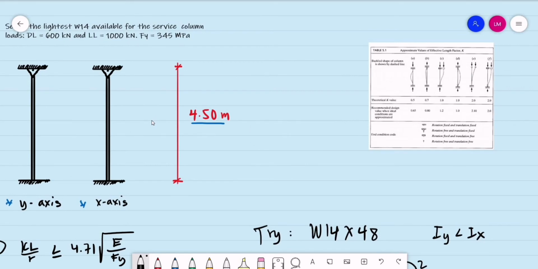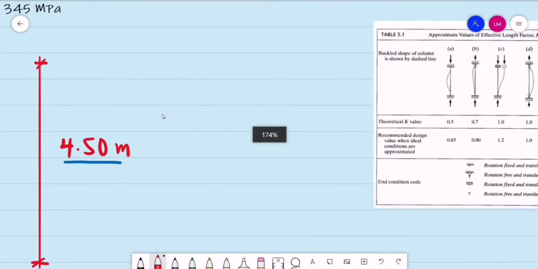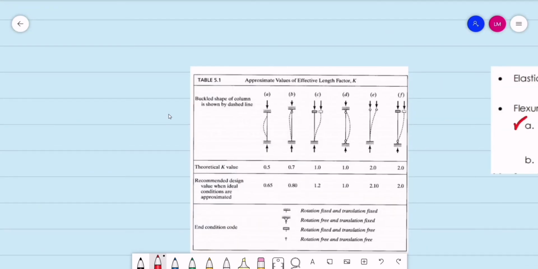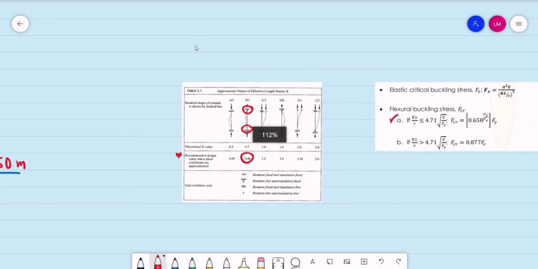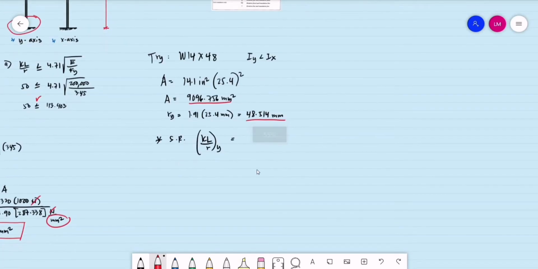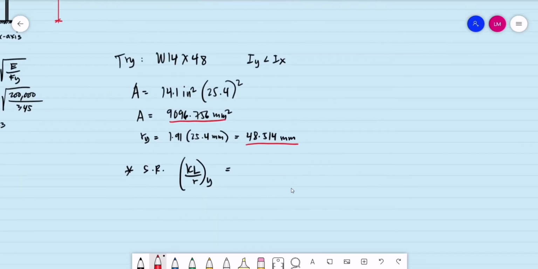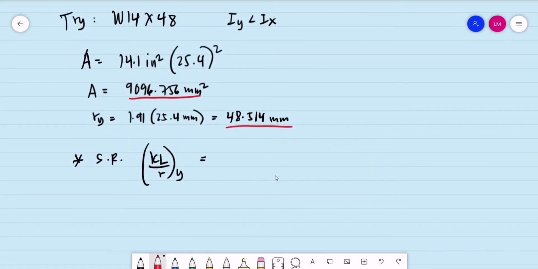It is fixed at the base and hinged at the top end. So we are using the recommended value of 0.8 for the effective length factor. And the length of our member is equal to 4.5 meters. So we have 0.8 multiplied by 4.5 meters or 4,500 millimeters divided by our ry.